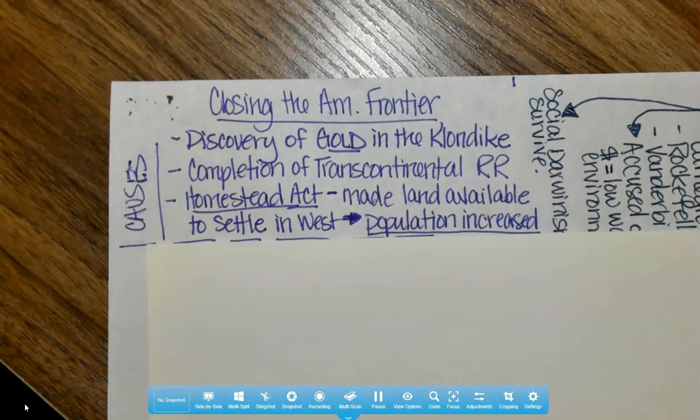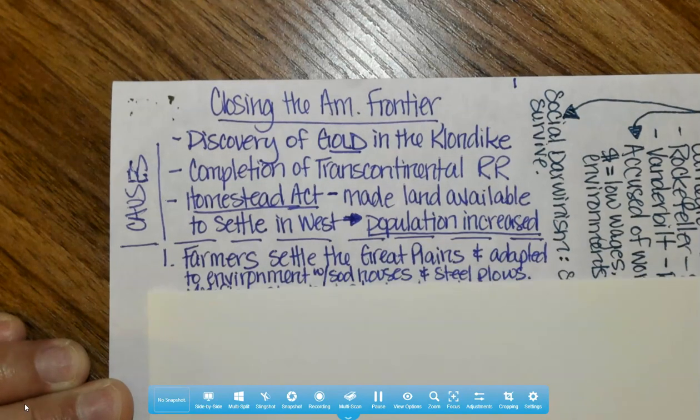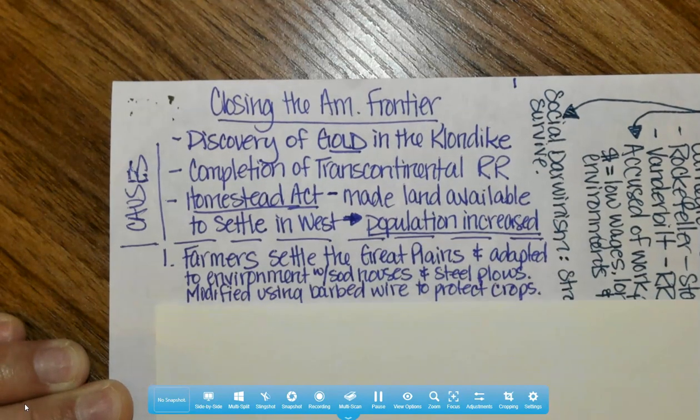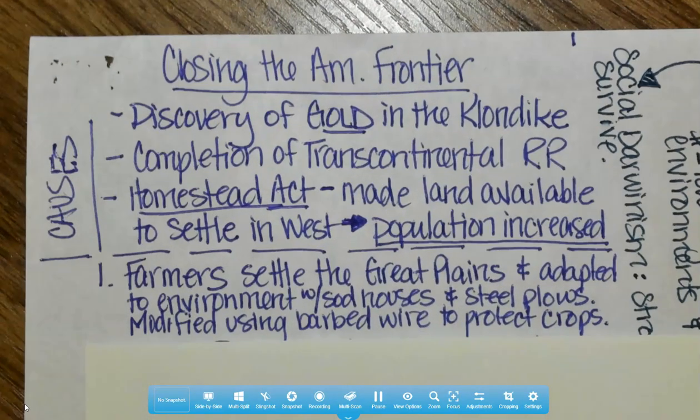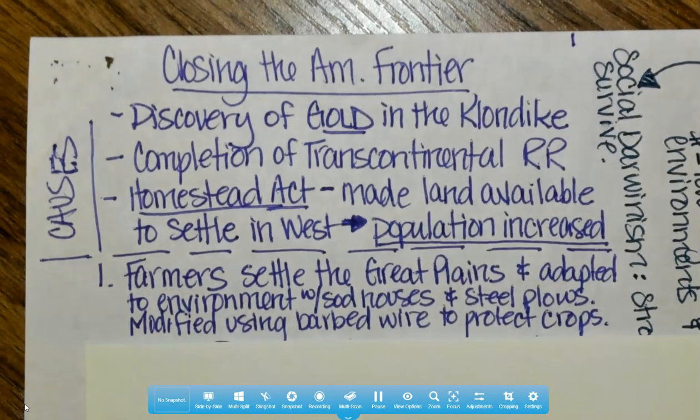So what then are the effects? The effects, number one, and I'll probably zoom in a little bit because it may be harder to see. The first effect: farmers settled the Great Plains.